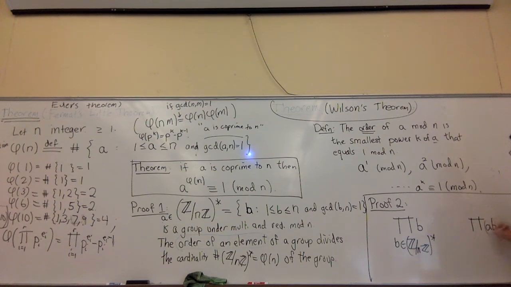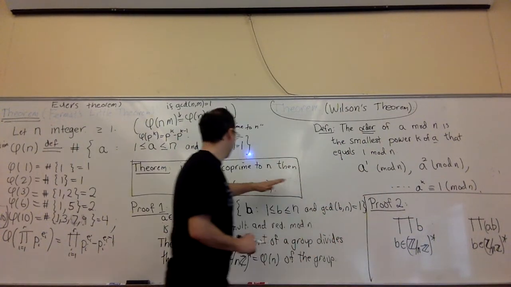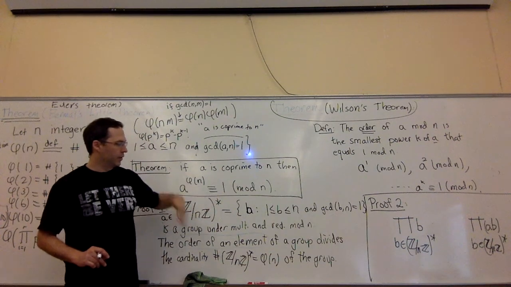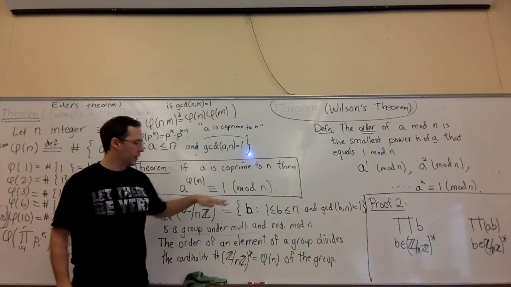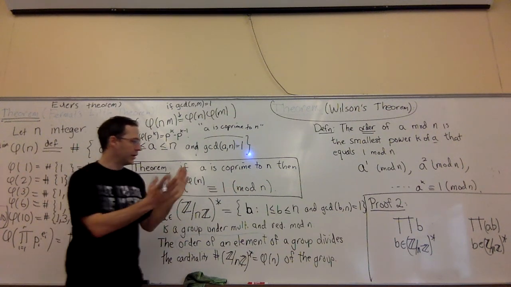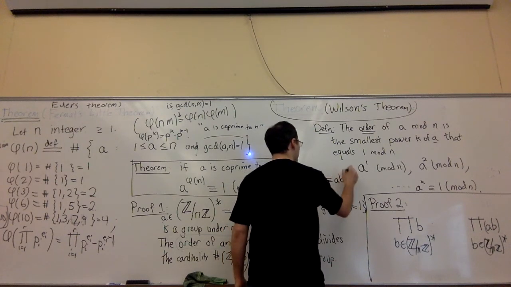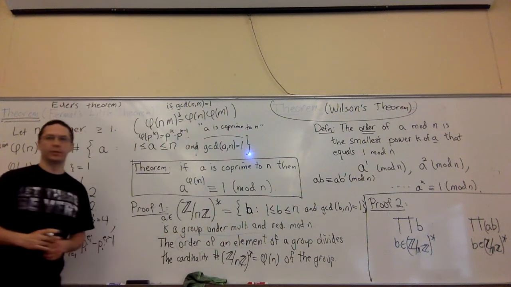So consider a times b, where you take the product over all b in Z mod n Z star. If you take all of the numbers in this set and multiply them all by a, you're getting a bunch more numbers that are also coprime to n. And moreover, you're not going to have a situation where a times b is congruent to a times b prime mod n without b being equal to b prime.